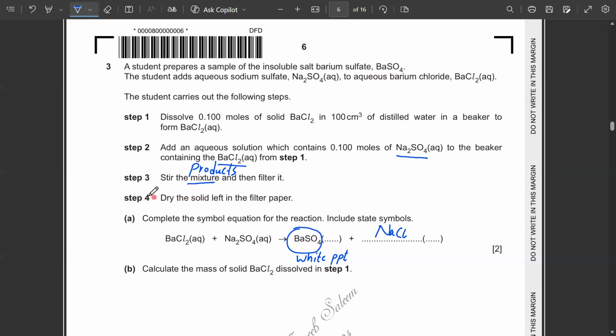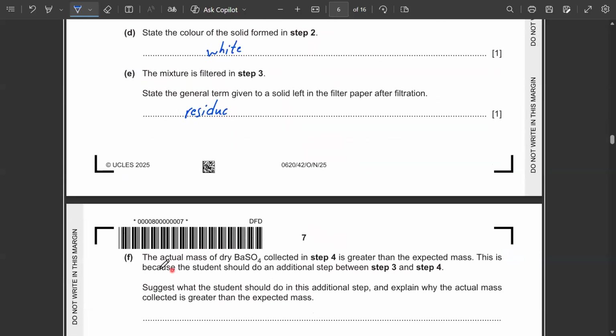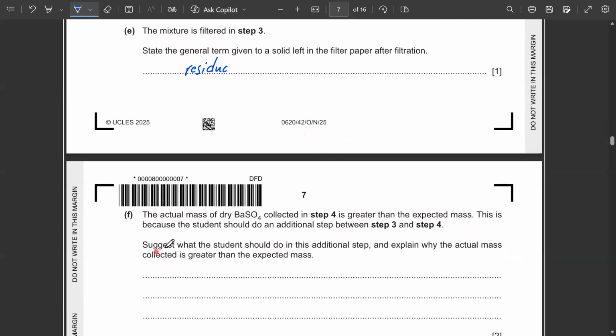It does not state anywhere that these two products are separated from each other. Barium sulfate is totally solid, undissolved, insoluble, and sodium chloride is aqueous, soluble in water. So we need to separate these two compounds from each other. The separation must be mentioned here. We need to suggest what the student should do in this additional step.